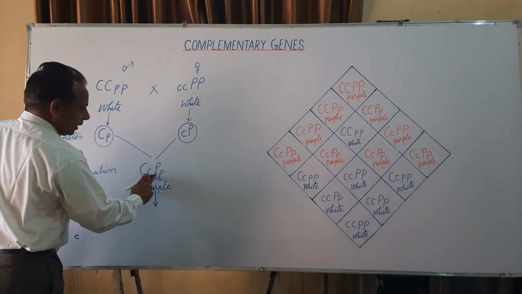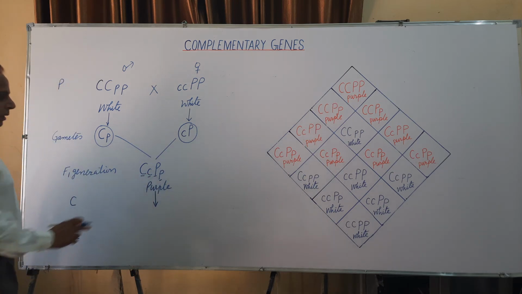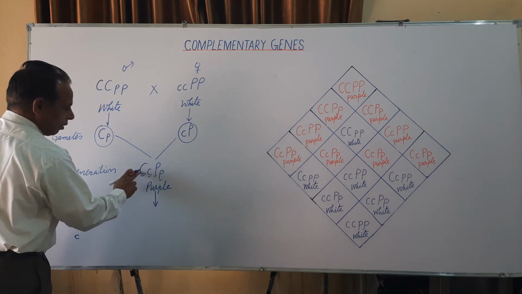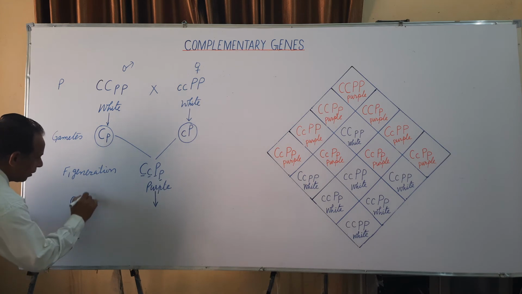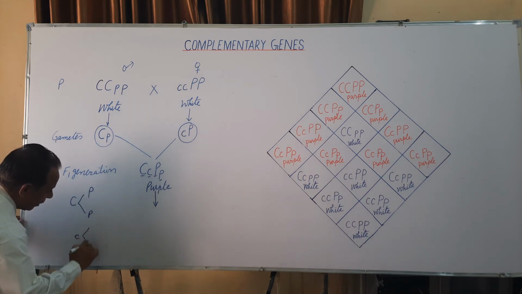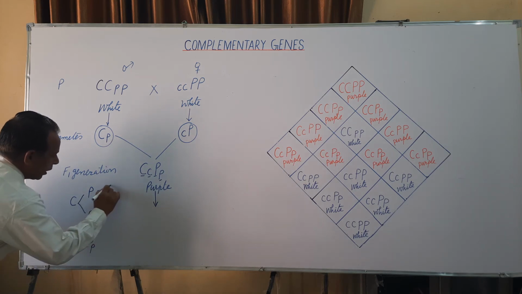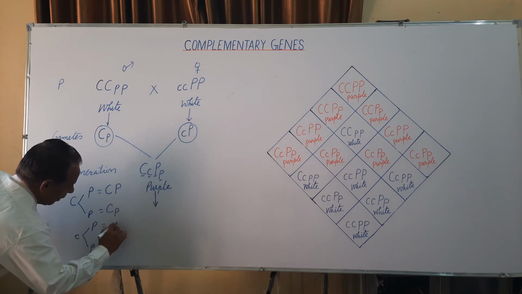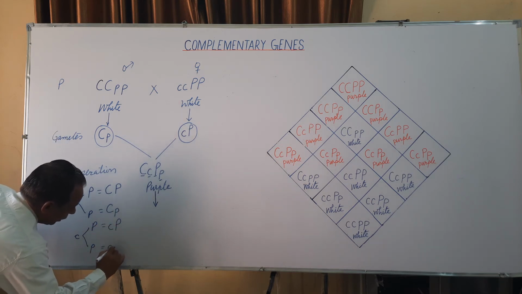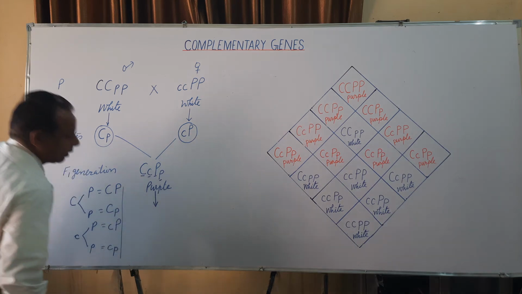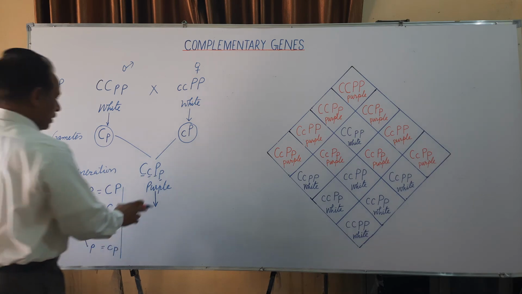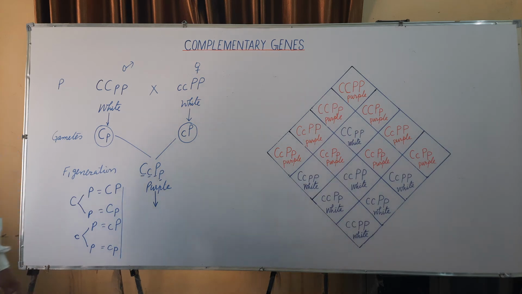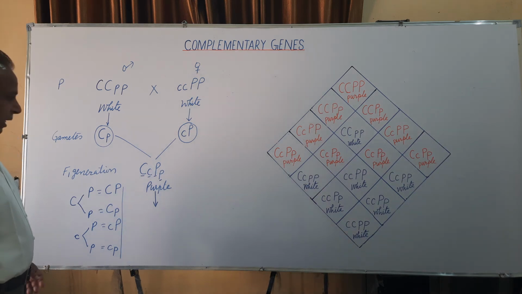Similarly, capital P and small p also separate and have an equal chance to join the capital C or small c. So four types of gametes are produced: capital C capital P, capital C small p, small c capital P, and small c small p. This F1 generation produces four types of pollen and four types of eggs genetically.